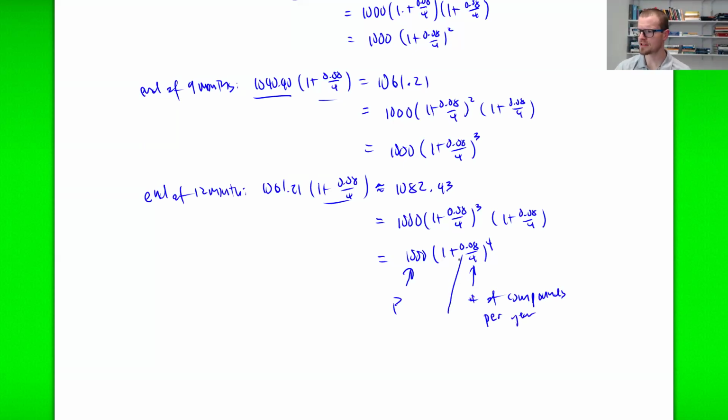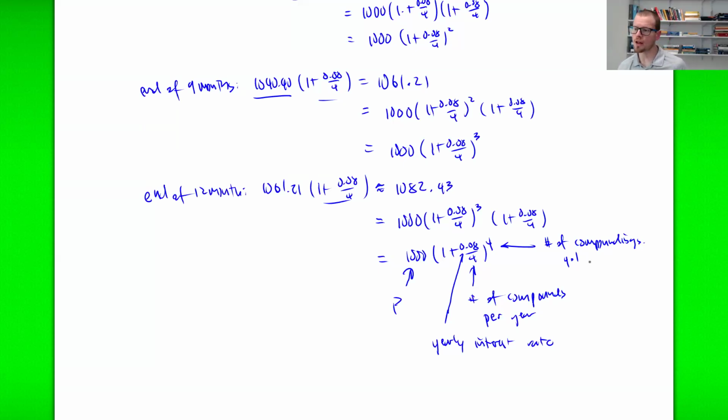We have the interest rate, yearly interest rate. And we have the number of compoundings. And that number of compoundings can be computed as 4 times 1, the number of compounds per year, times the number of years that we're moving it forward.